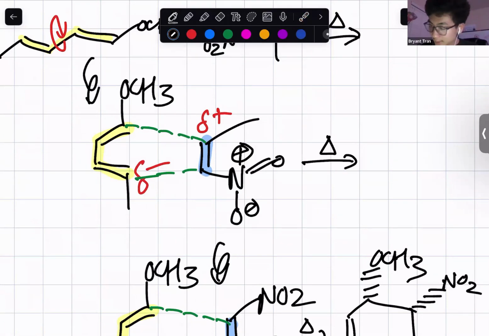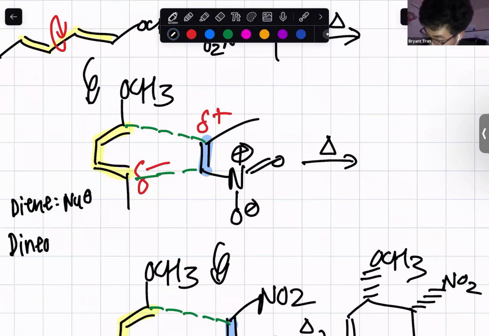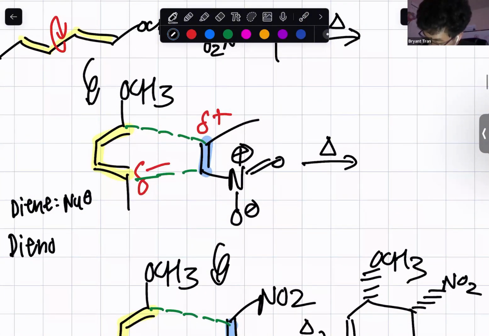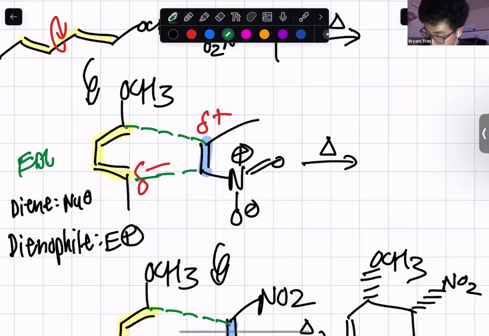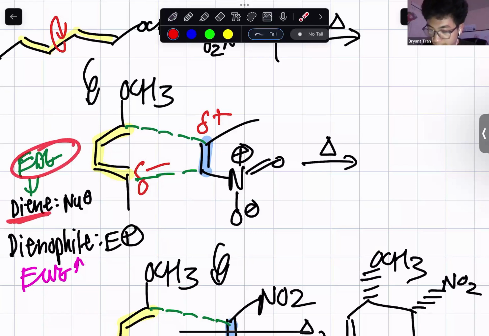Here's a conceptual thing. For Diels-Alder, the diene is the nucleophile. The dienophile is the electrophile. So to increase the reaction rate, we have to put an EDG on the diene, and we have to put an EWG on the dienophile, because the EDG would give the diene more electrons, making it a stronger nucleophile.